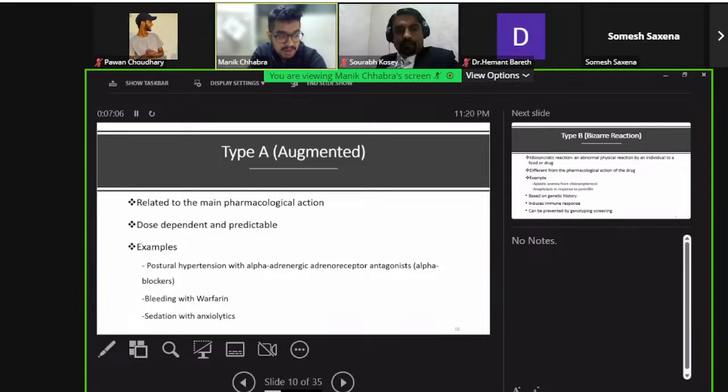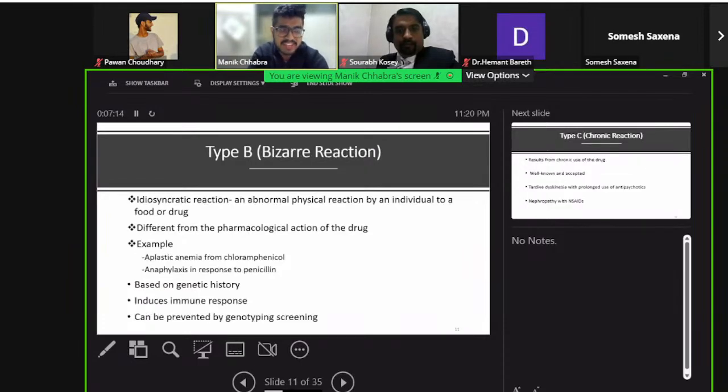Then we see bleeding with warfarin, an anticoagulant. Then sedation with anxiolytic drugs. Further, bizarre reactions, type B. These are type B adverse drug reactions, which are mainly due to idiosyncratic reactions because of abnormal physical reactions by individuals to food or drug.